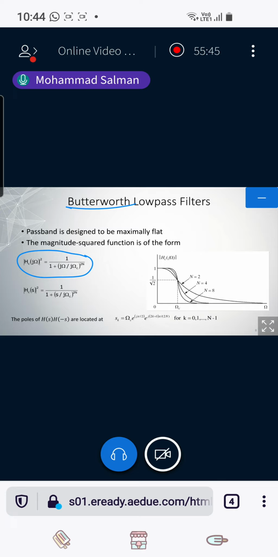I will make this digital through many techniques. There are many techniques to convert from analog to digital in the frequency domain. Two main techniques of interest in this course: one of them is called the impulse invariance technique or impulse invariance method, and the other one is the bilinear transform method.